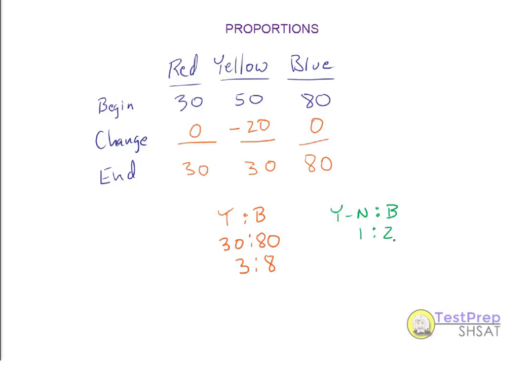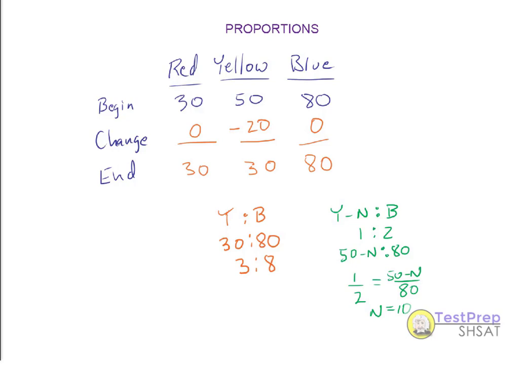Well, I know that's also 50 minus n is to 80 blue at the end. And then I could solve that. Essentially, set up my proportion equation: 1 divided by 2 equals 50 minus n over 80. Solving for n, n equals 10. So either way, I can be flexible about what they're asking and how I solve for it.